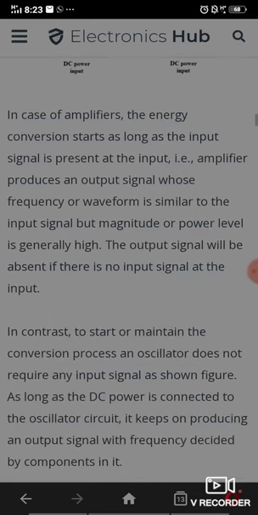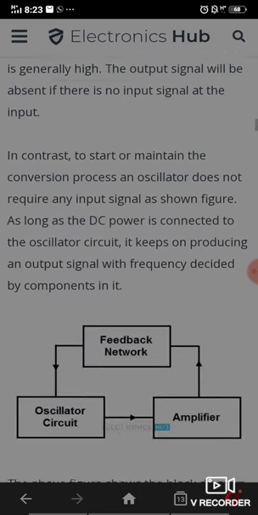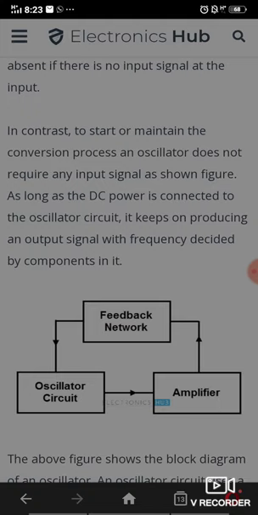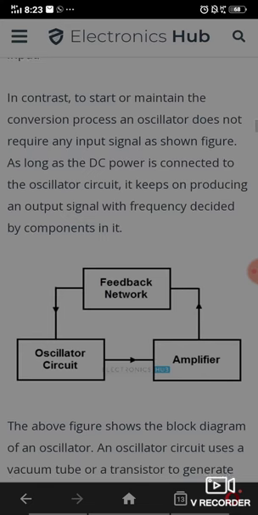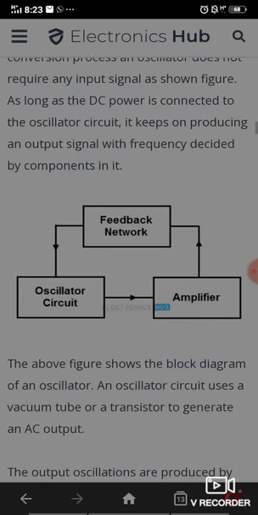In contrast, to start and maintain the conversion process, an oscillator does not require any input signal. As long as DC power is connected to the oscillator circuit, it keeps on producing an output signal with frequency decided by the components in it.